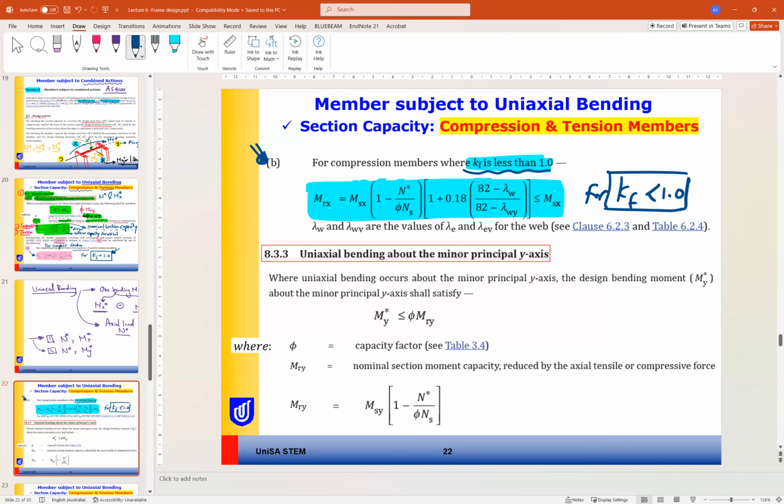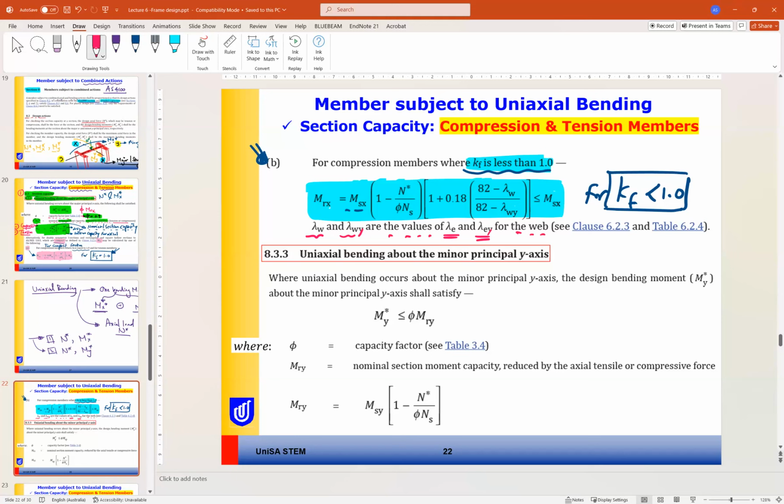So it will be M_sx times (1 minus N asterisk over phi N_s) multiplied by (1 plus 0.1882 minus gamma W, sorry, lambda W divided by lambda_ey minus lambda_wy), where lambda W and lambda WY are the values of lambda effective and lambda effective yield for the web.